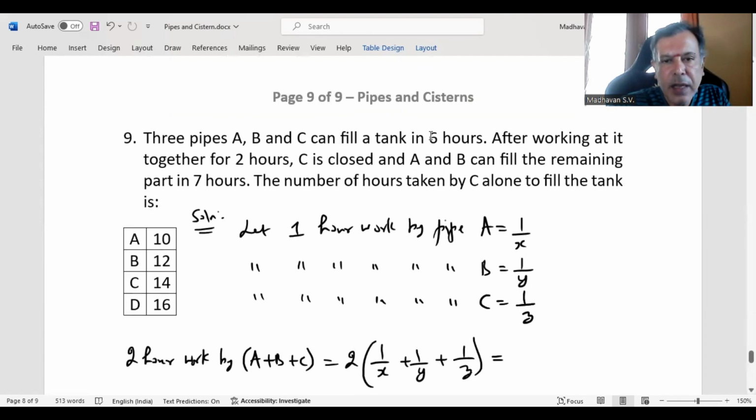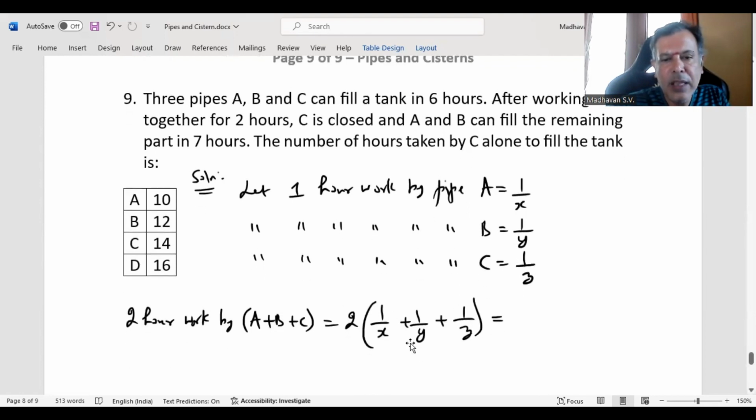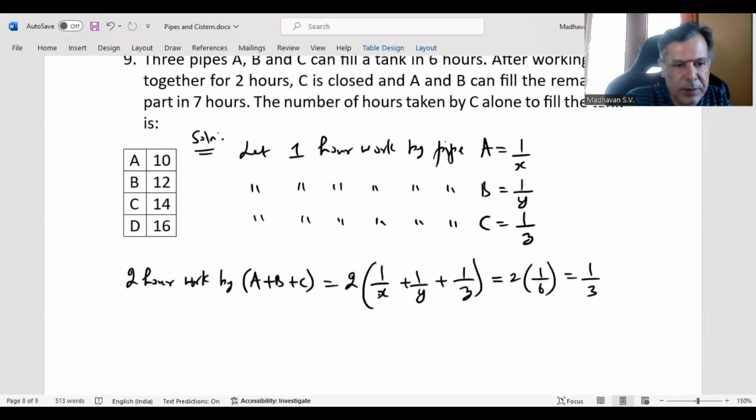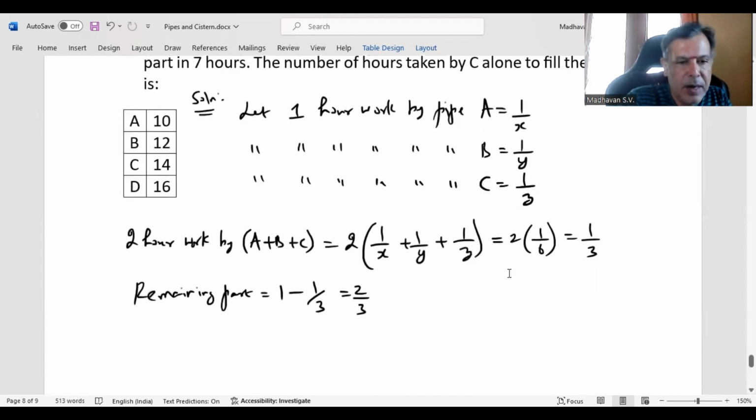Three pipes can fill a tank in 6 hours. So this 1 by x plus 1 by y plus 1 by z is nothing but 1 by 6. 2 into 1 by 6, which is nothing but 1 by 3. Now, the remaining part will be 1 minus of this 1 by 3, which is 2 by 3. So this remaining part has to be done.